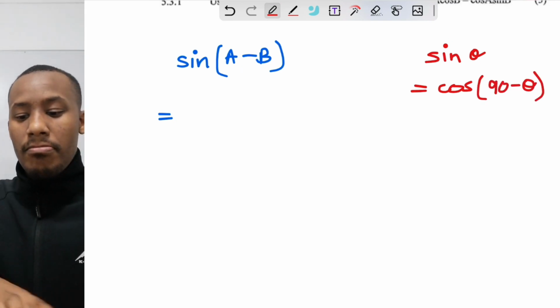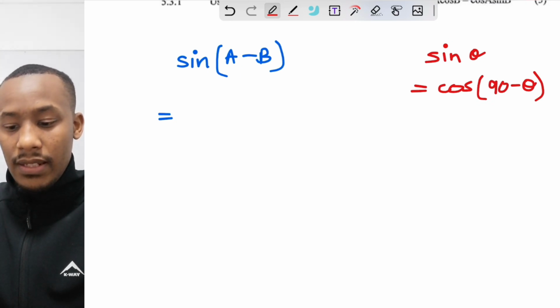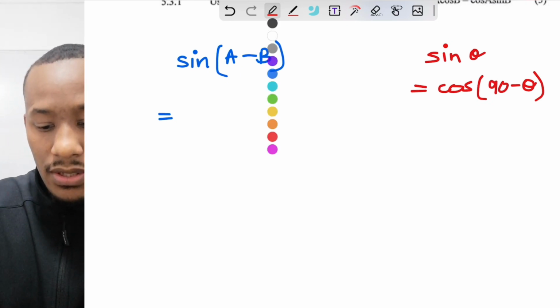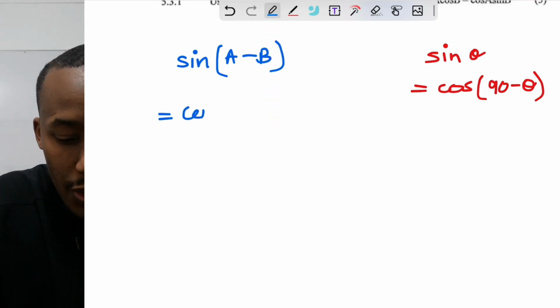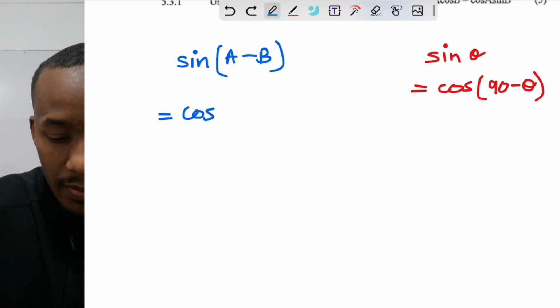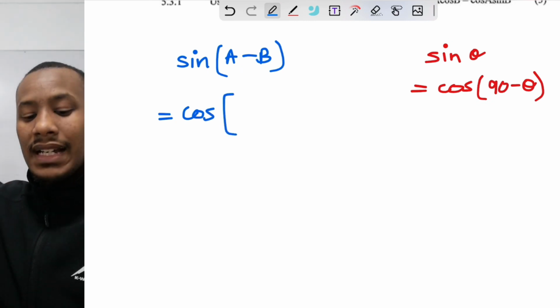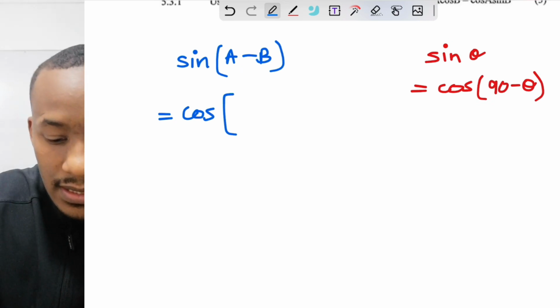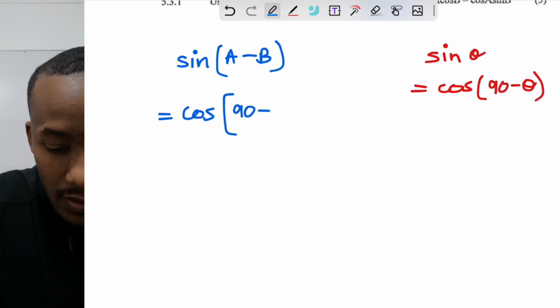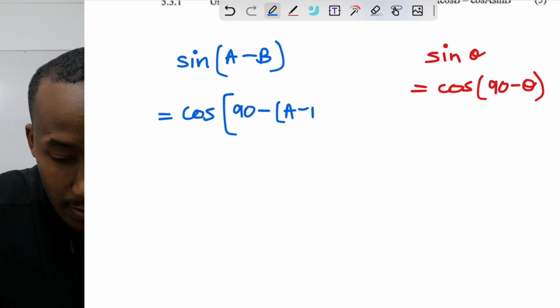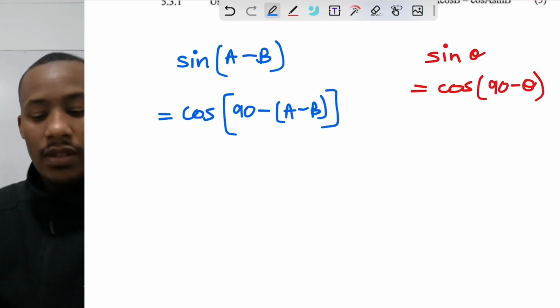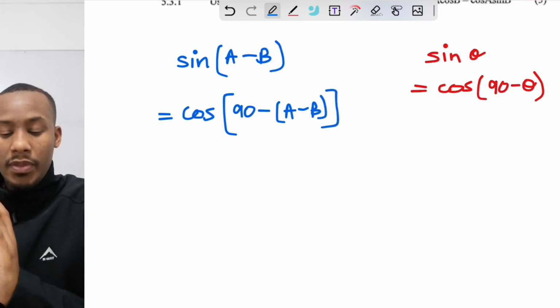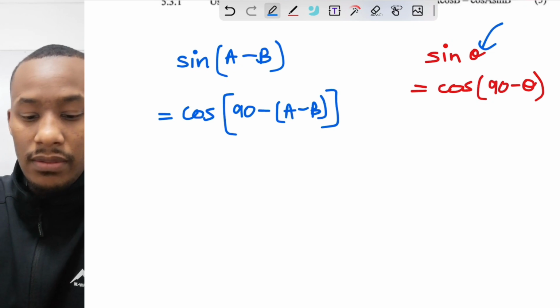I'm going to make use of that co-function idea over here. We'll say cos of, let me use a bigger bracket, 90 minus, now I write the angle, A minus B. So that angle is A minus B, whereas here the angle was just theta.